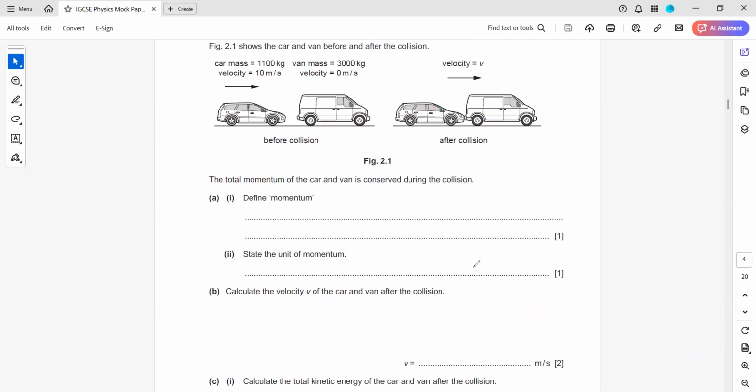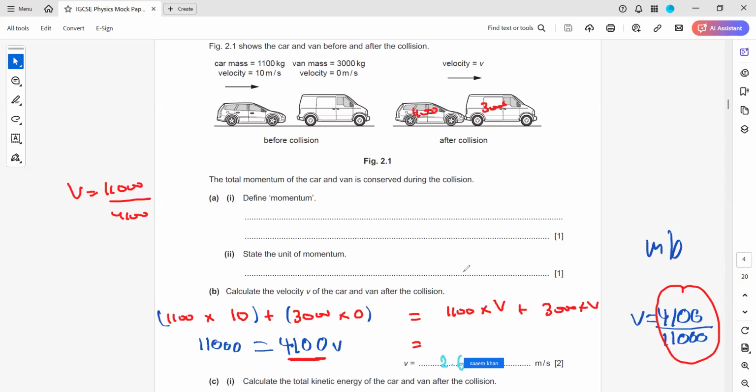That's the answer: 2.68 meters per second. Don't round off these answers to a large value. Just write three significant figures, 2.68.